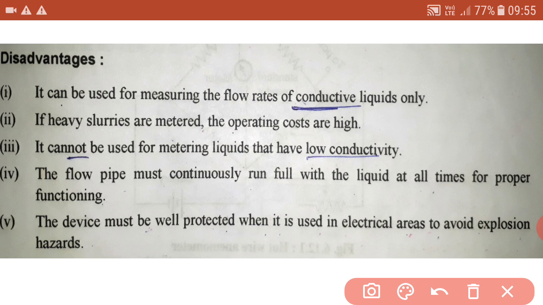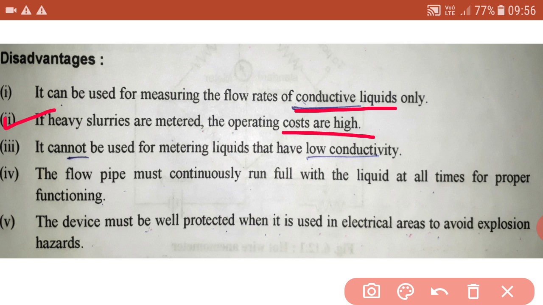Now talking about disadvantages. It can be used for measuring the flow rates of conductive liquids only. It means if the liquid is not conductive, then we cannot use this meter. If slurries are metered, the operating costs are high.